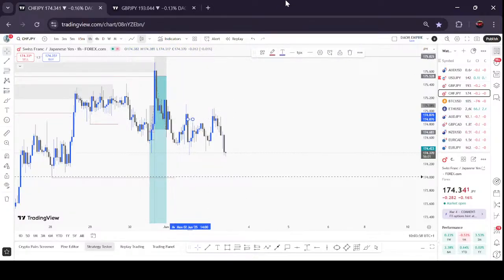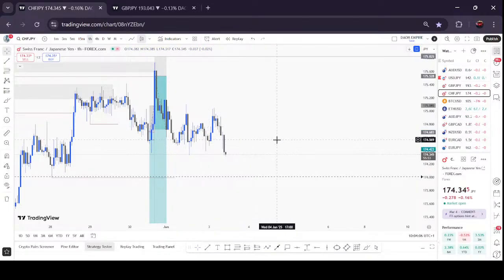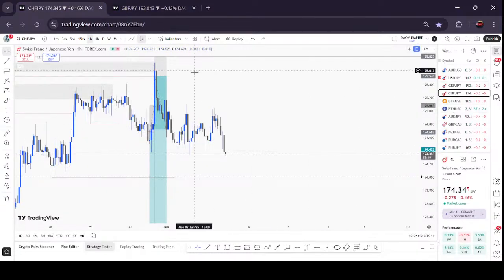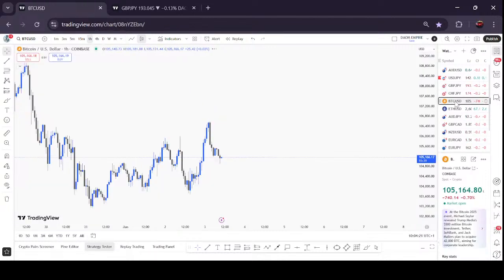I knew that trade because this is an overall sell trend. So there might be an opportunity on CHF JPY too, but of course I just want us to take one trade. I'm seeing a reasonable opportunity on CHF JPY too, but for a scalp.